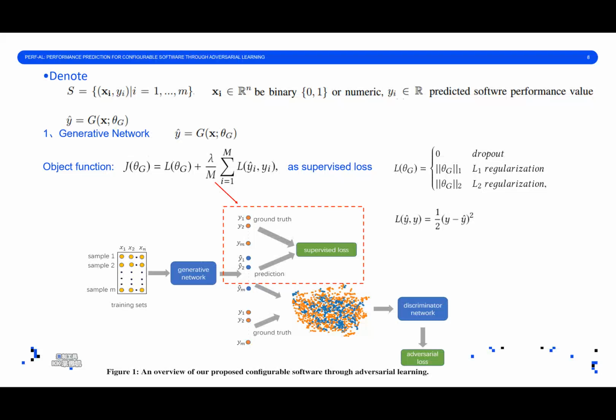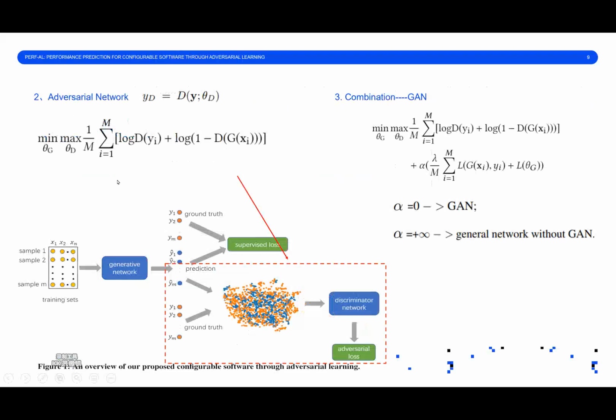We use dropout and L1 or L2 regularization to address overfitting problems, and the loss function is the supervised loss. Here I give the objective function.